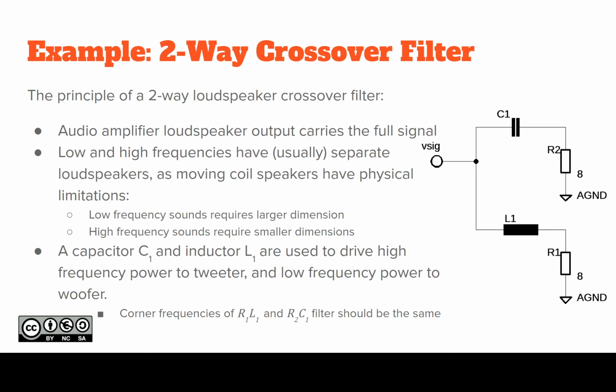So this basically means there's a high pass filter for R2 and a low pass filter for R1. And now we are happy. Higher frequency power is directed to the higher frequency tweeter, and the lower frequency current is directed to the lower frequency woofer.